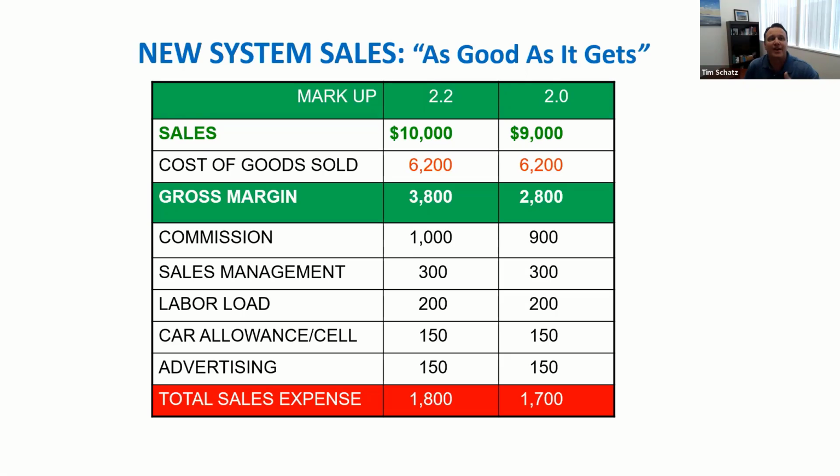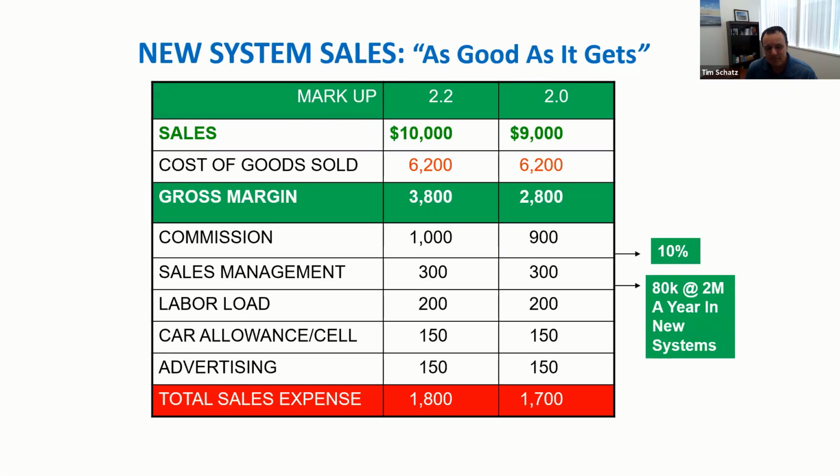But for the sake of this example, our sales expenses are basically the same. We might pay a little bit less in commissions because the sale price is less, but for everything else, those costs are going to really stay the same. And for sales management, this is one example: if you're paying a sales manager 80 grand a year roughly, and you're doing $2 million of voice and surveillance system sales, this is how much you actually have to allocate for that sales management.